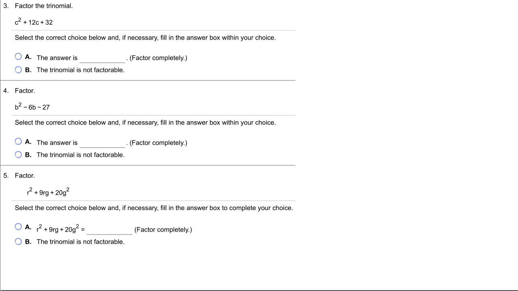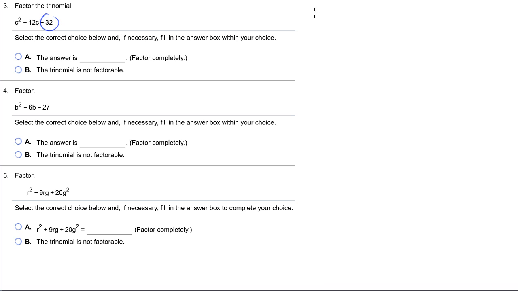Now, factor the trinomial c squared plus 12c plus 32. Number 3, we're going to factor c squared plus 12c plus 32. We need to go ahead and factor 32.